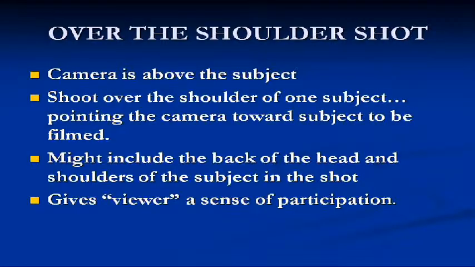But we might have part of the back of the head and the shoulder of the person directly in front of us. And then our main interest is going to be on our subject in the background. So we'll talk in more detail and give you a demonstration in class on that.